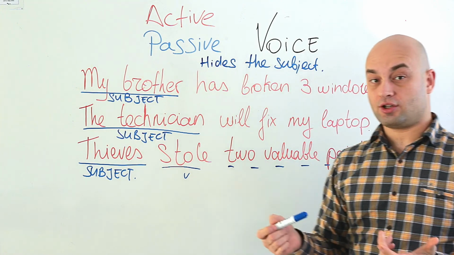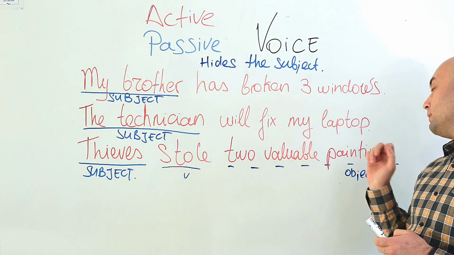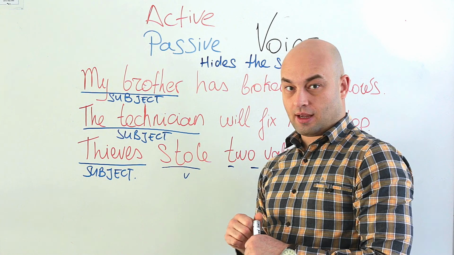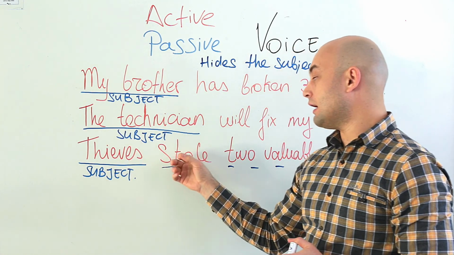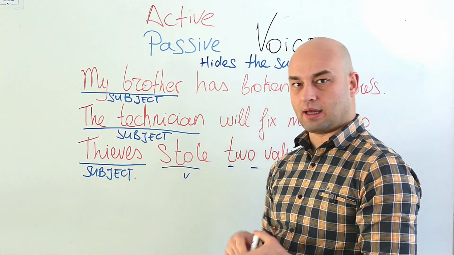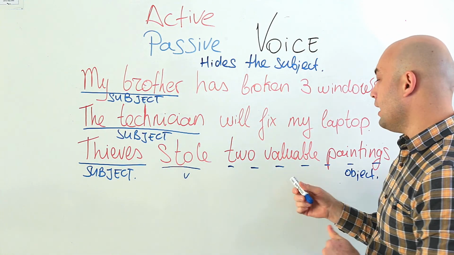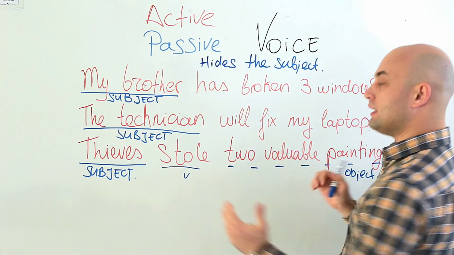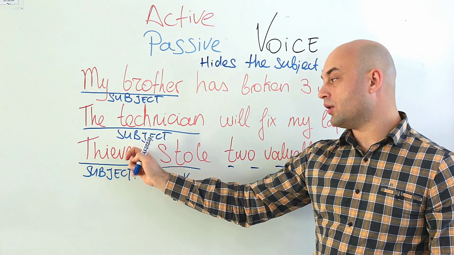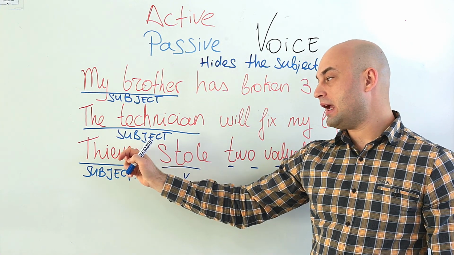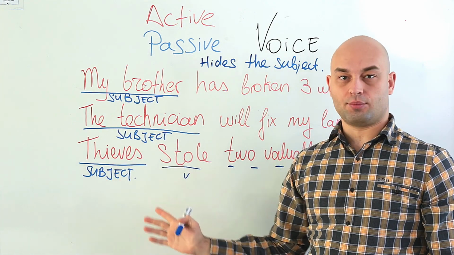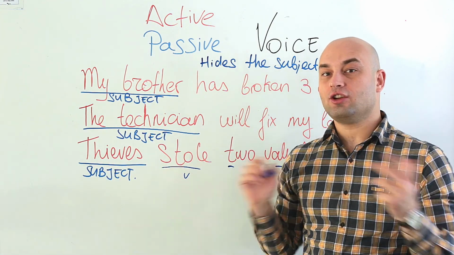Stole is the action, and the two valuable paintings are the object of the action, the thing that this action is performed on, or to, or with, in certain cases. Now, we want to say this, but we don't want to make the other person think that there is a subject. We just change it somehow.